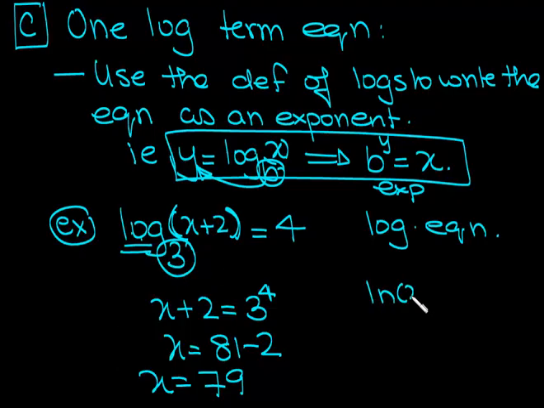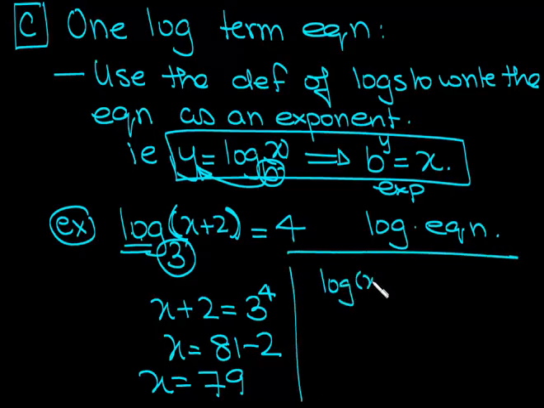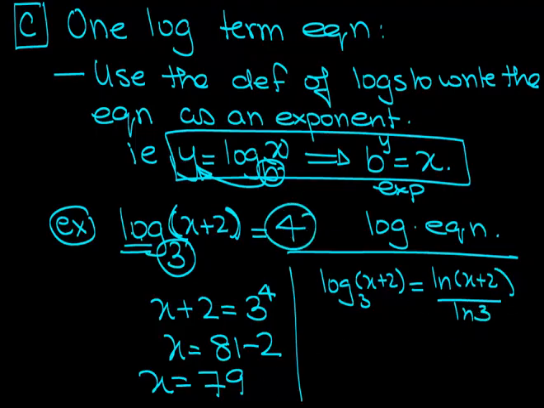If you want to check your answer, you take log of x plus 2 base 3, which is the same thing as ln of x plus 2 divided by ln of 3 using change of base. So let's use this, and the answer should be 4.